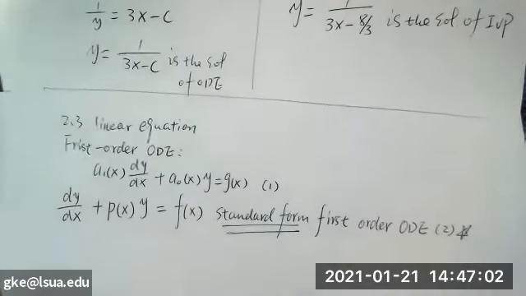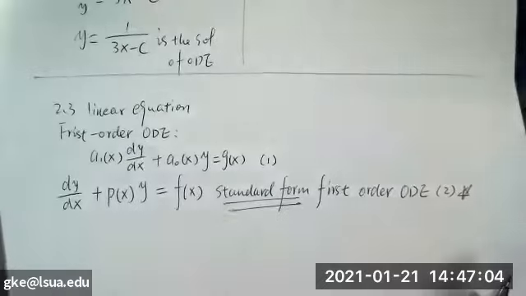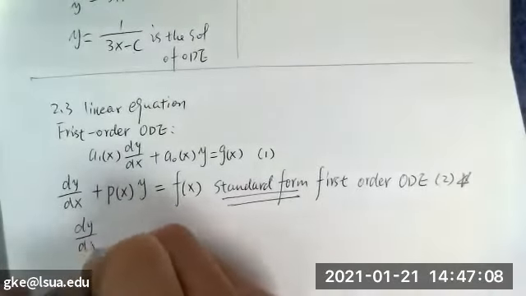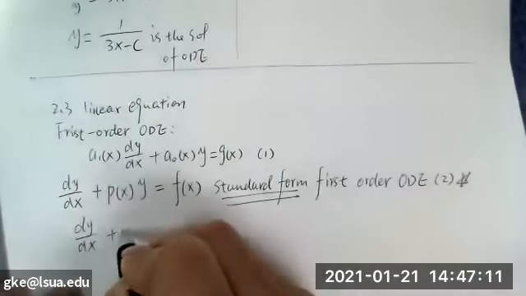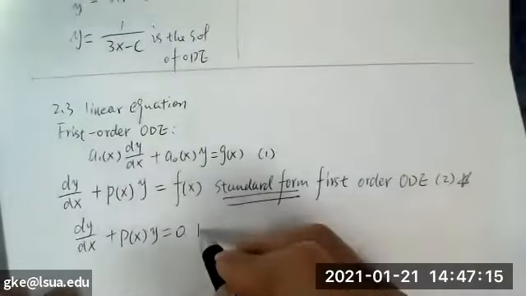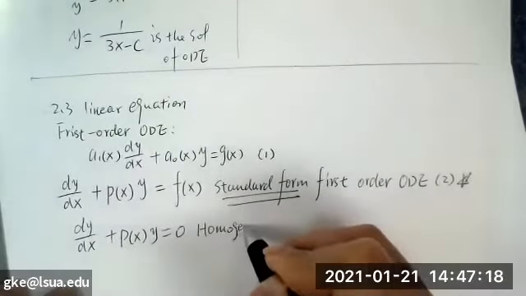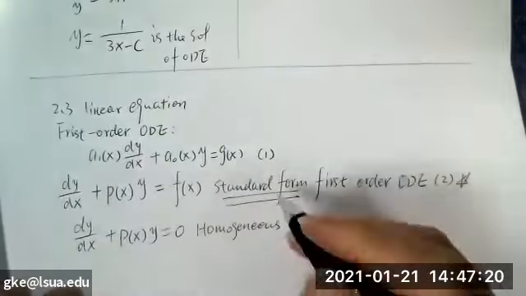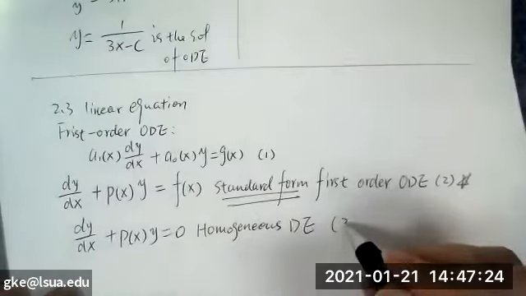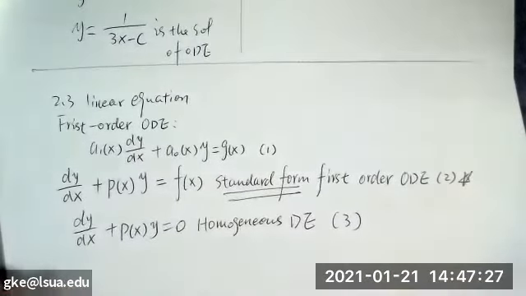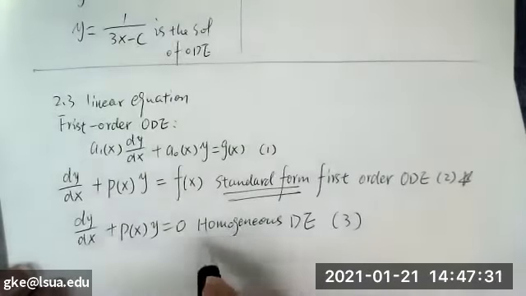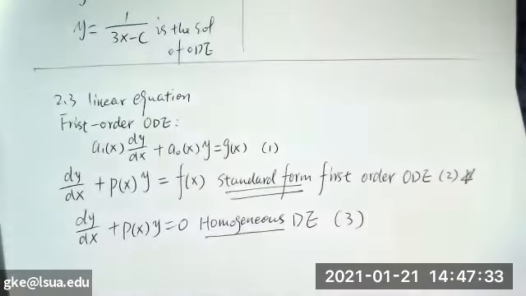And now we also call this a homogeneous differential equation. Okay, that's the third. If the right hand side f(x) equals 0, then we call it a homogeneous differential equation.